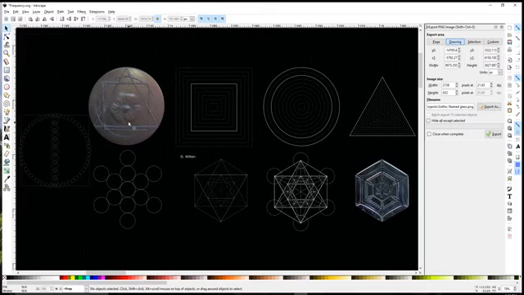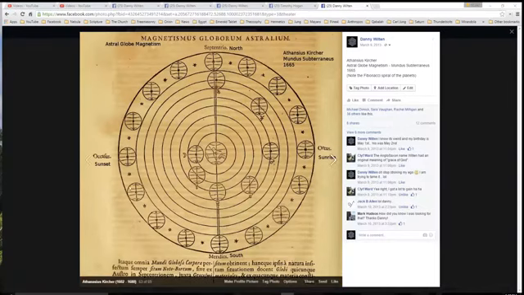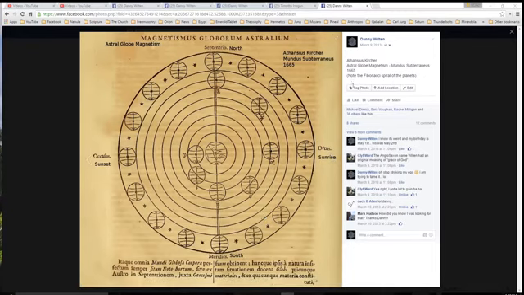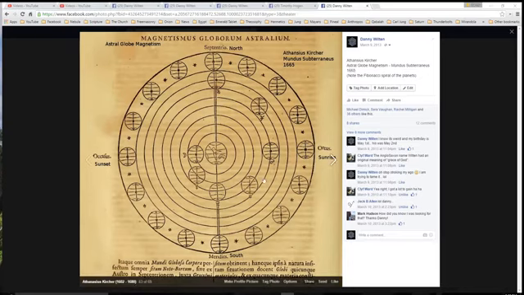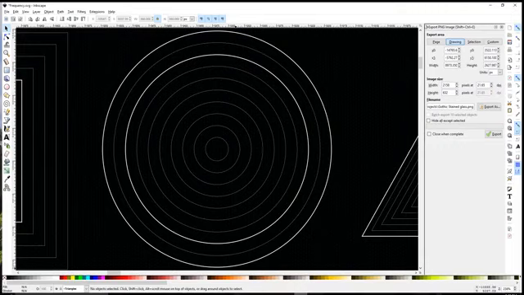Because if we take a look at some of the old diagrams of the concentric circles that we see in the old alchemical art, there's usually 10 circles. So if we take a look at this old drawing by Athanasius Kircher, done in his Mundus Subterraneus in 1665, this same concentric circle design is what you see when you look right here.